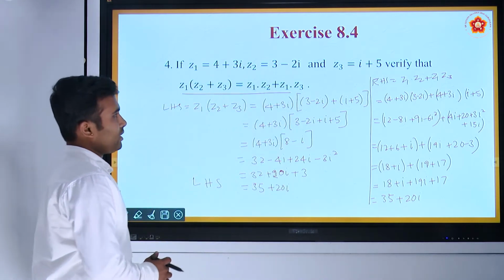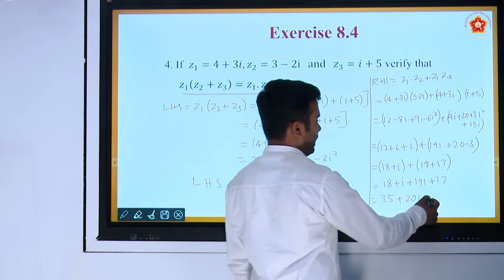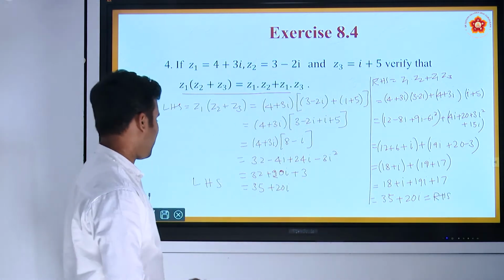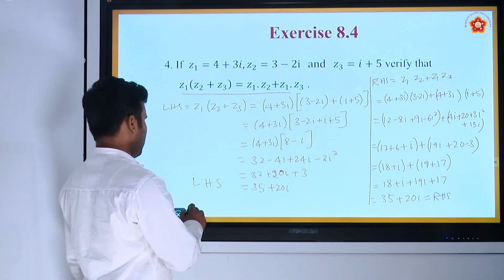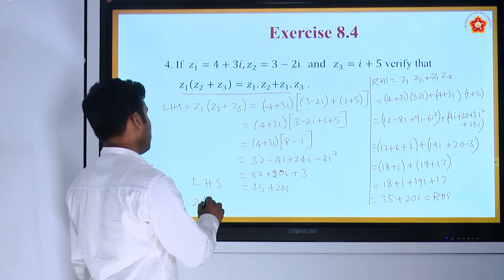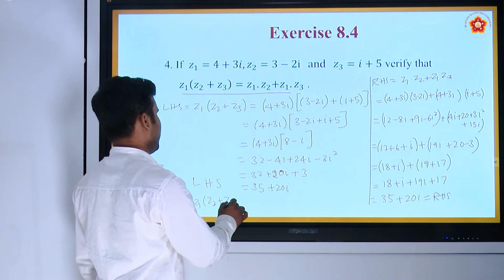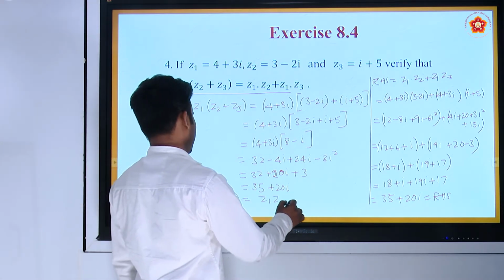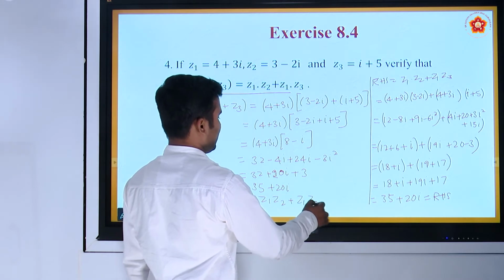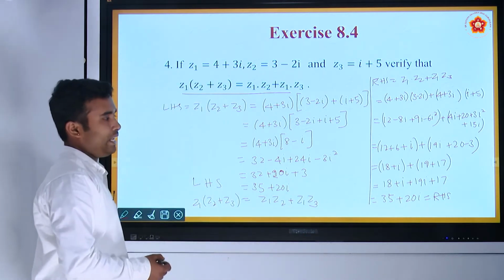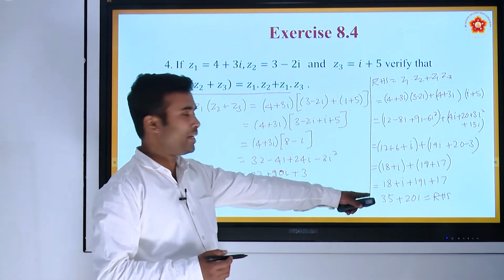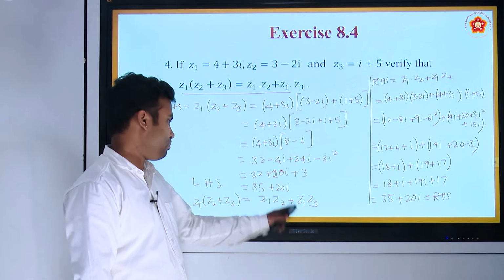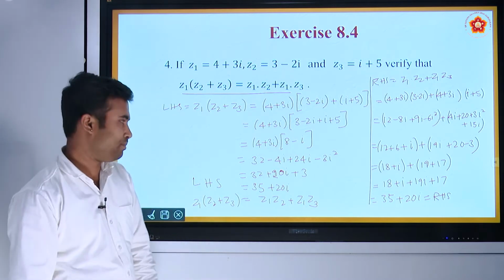So you look at RHS as well as LHS, both are equal. Hence we verified that Z1 into (Z2 plus Z3) is equal to Z1 into Z2 plus Z1 into Z3, as both values are equal. 35 plus 20i, here also LHS is 35 plus 20i.